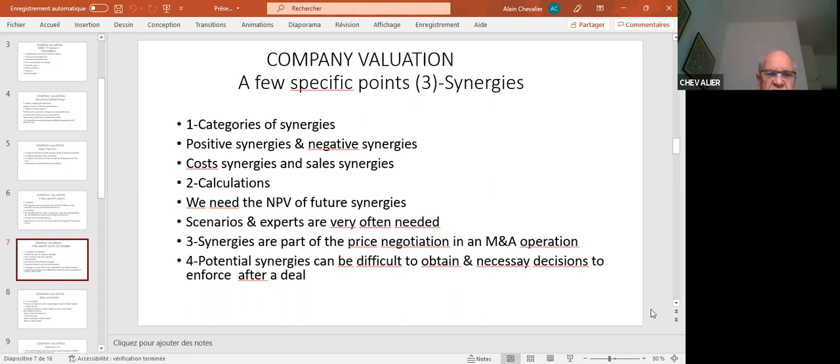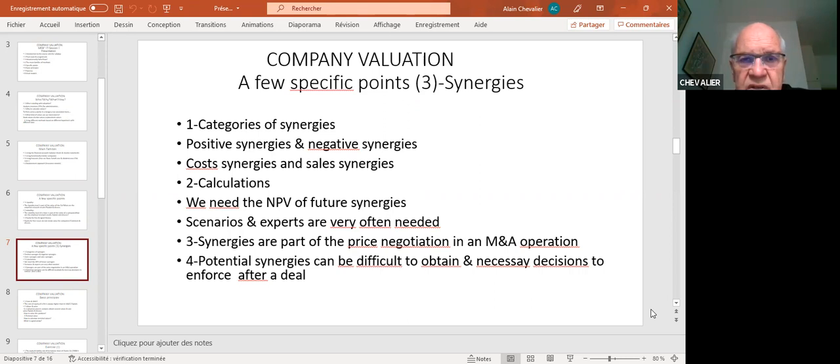The first one is the distinction between positive and negative synergies. Positive synergies are those creating value. Negative synergies are destroying value.